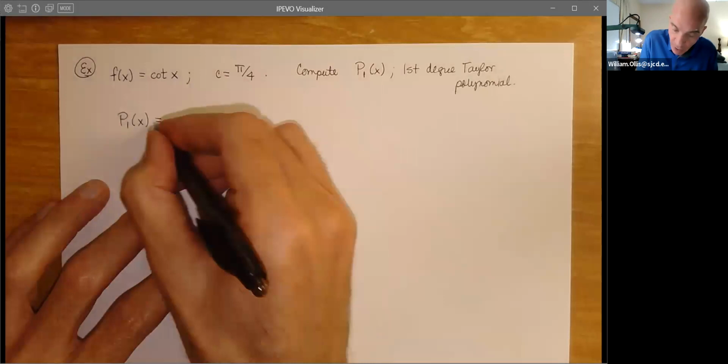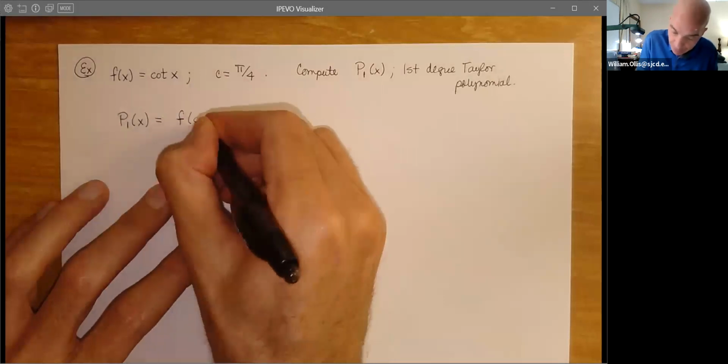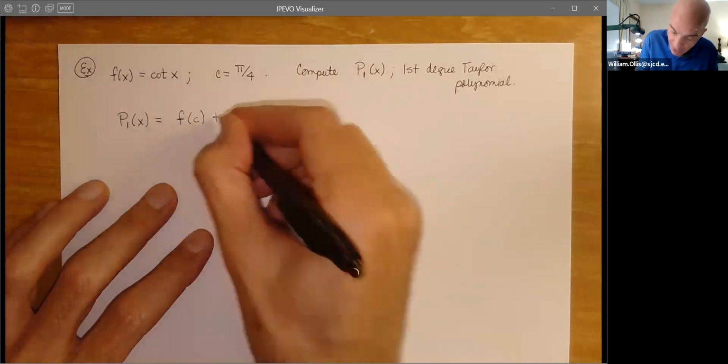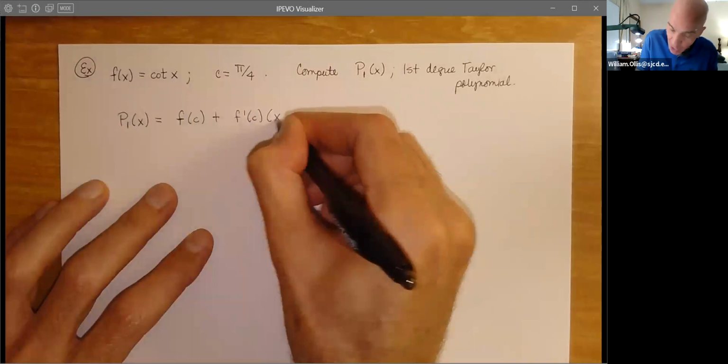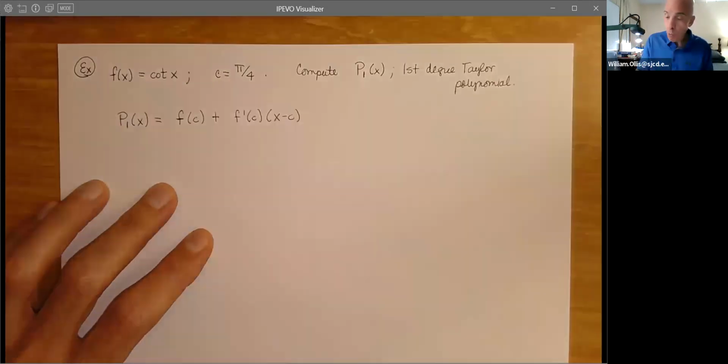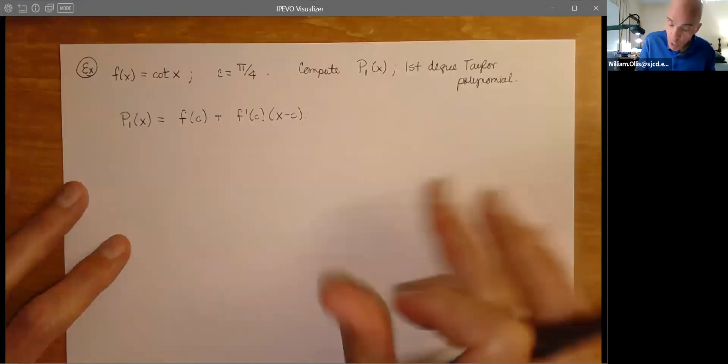So P1 will be f of c plus f prime of c times x minus c. That's the general formula for the Taylor polynomial of first degree.